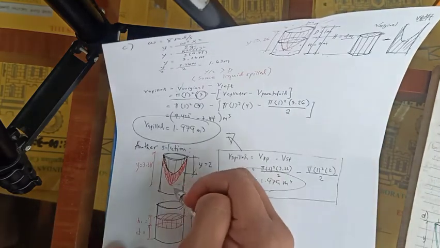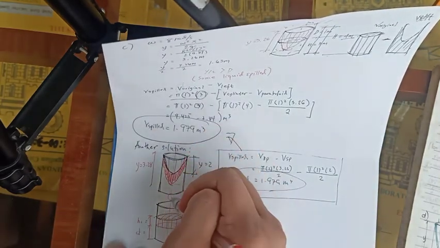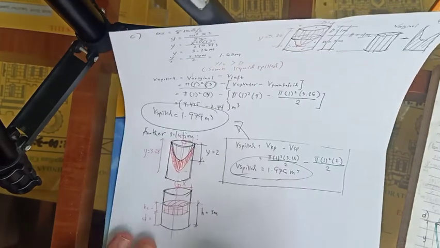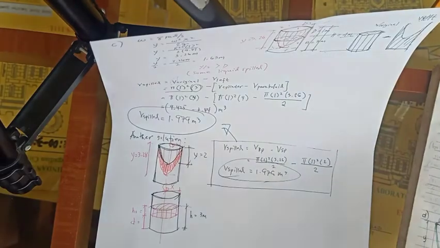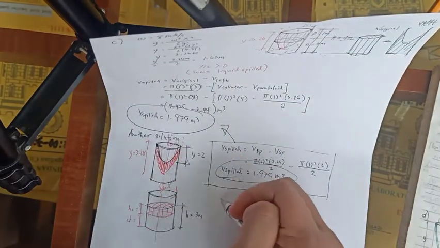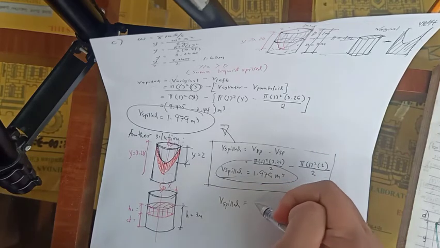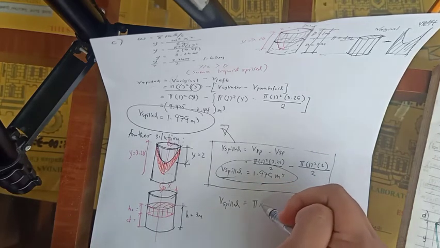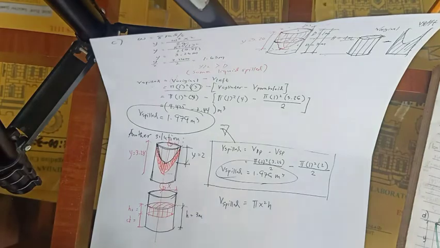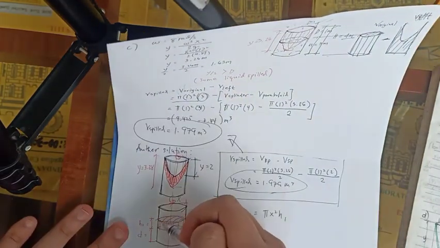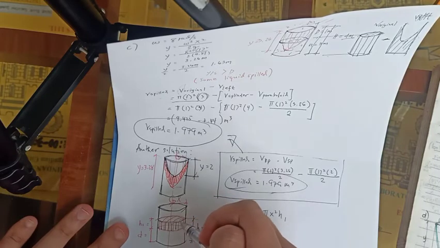And of course, the rotation. Again, don't forget the omega, and this is the X. So the V spilled equals pi x squared h sub 1. This is the spilled liquid volume.